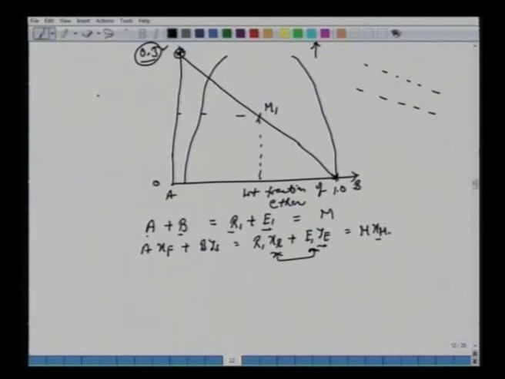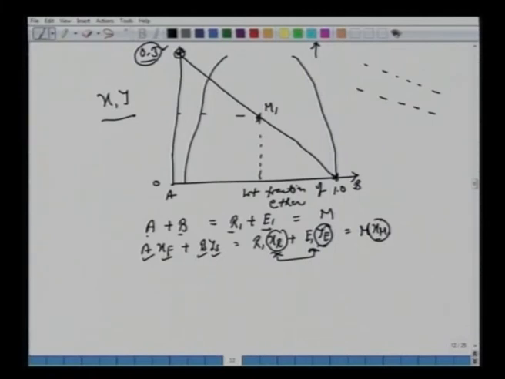Once we know xm, let's calculate xm1, which is, put the numbers here: 100 for A, feed is 0.3, solvent amount is 40, either 40 kg per hour or 100 kg per hour, or just 100 kg and 40 kg, into 1. Solvent is pure. 100 plus 40, 140, we get 0.21.